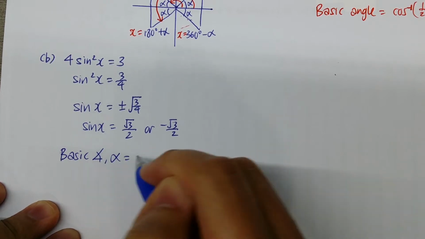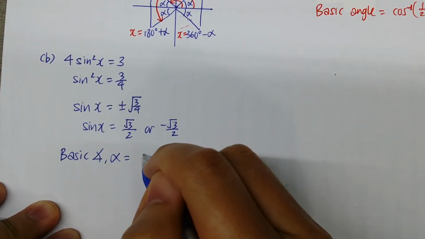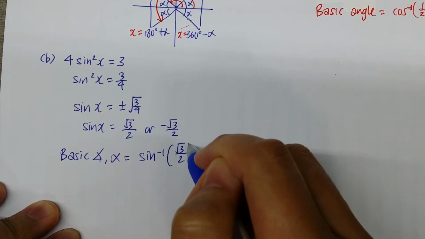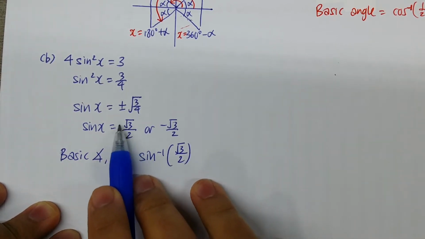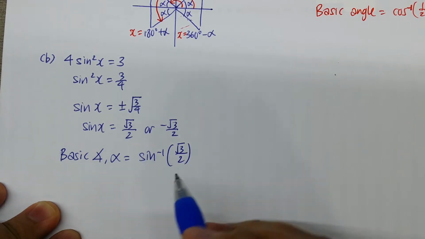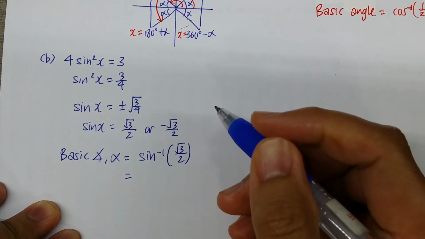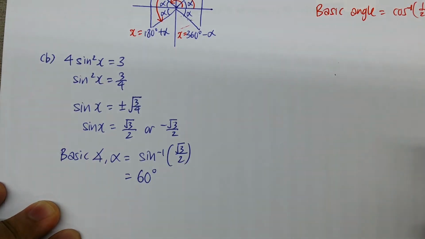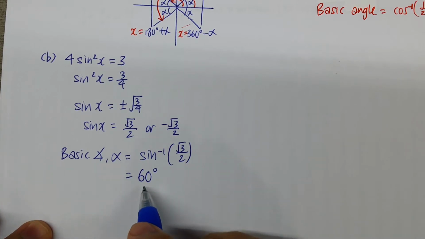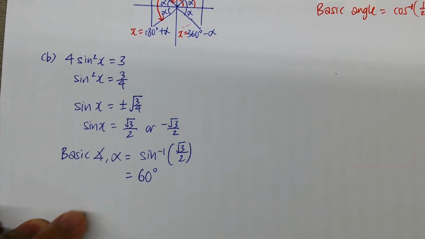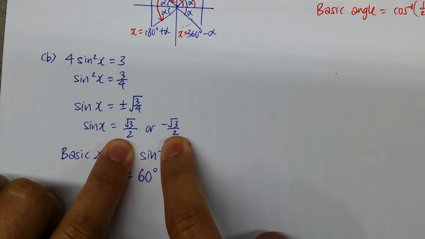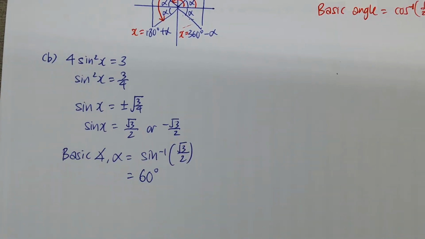Let's go and find out the basic angle alpha. Recall basic angle alpha. For this case, you sine inverse. Don't sine inverse the negative. Just sine inverse the positive number only. Okay? Press your calculator. You should be able to get 60 degrees. So if the basic angle is 60 degrees, and sine is positive or negative, which quadrant should I consider?